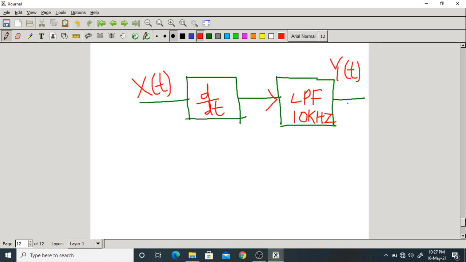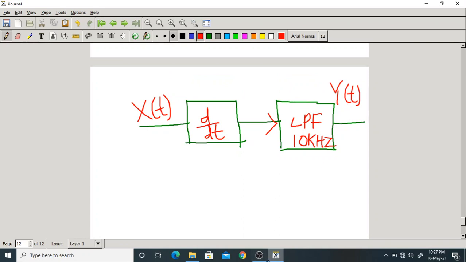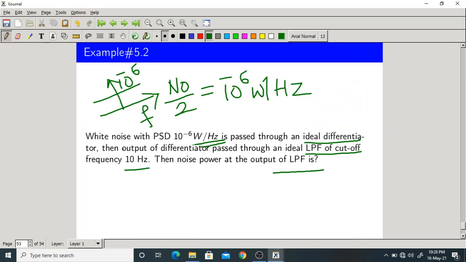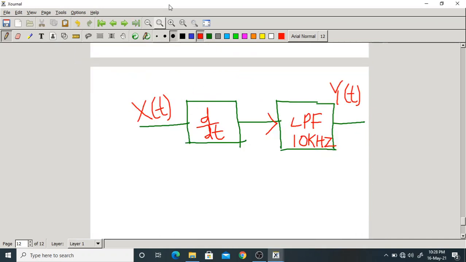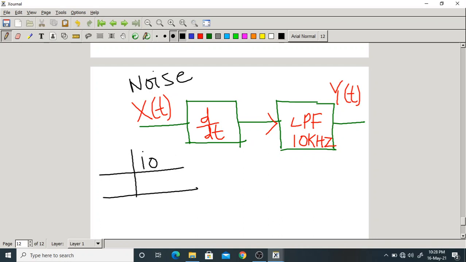But what we know in the question is white noise with a PSD. Now this is noise. They mentioned that this is a noise. What is x of t? It is a noise. It has got a PSD. They gave us the PSD of this noise. How much? 10 power minus 6 watts per hertz.